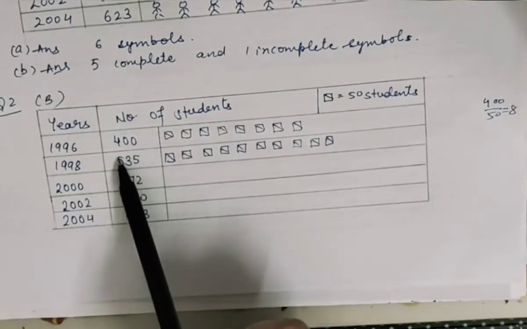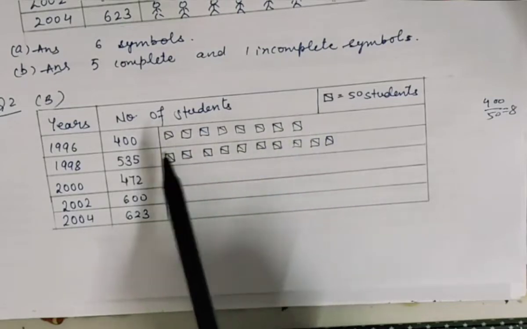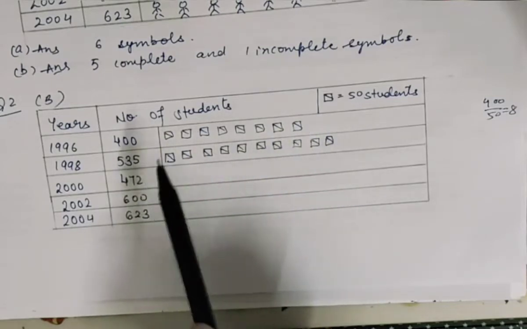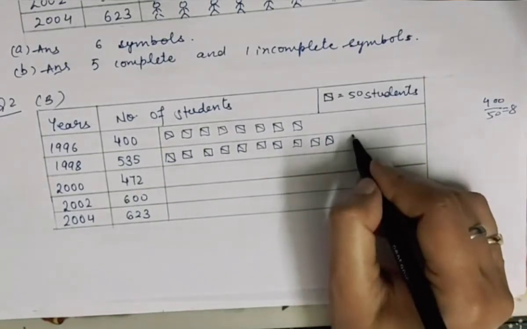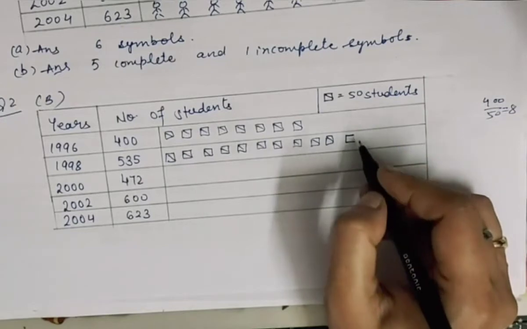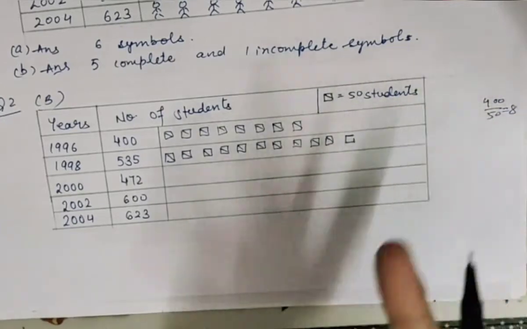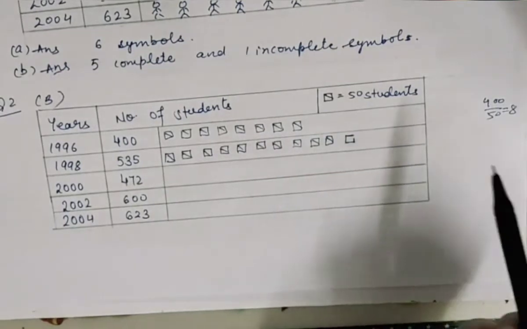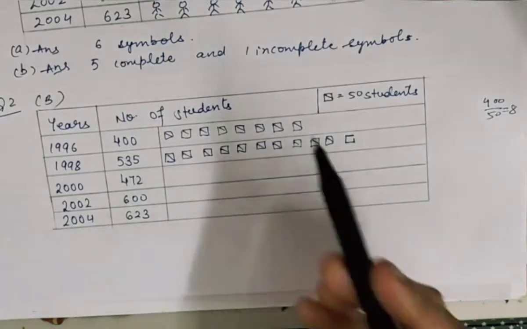Now for 35, it is not a complete 50, so it is less than 50 but more than half. So we can draw a symbol which is more than half. It's just an approximation we can show here, like this: 1, 2, 3 and a little bit more. So this represents 35 students. It is just an approximation.